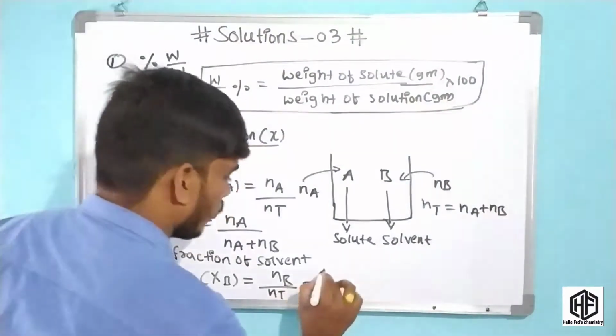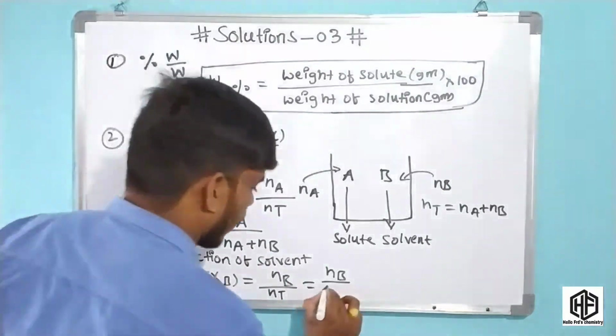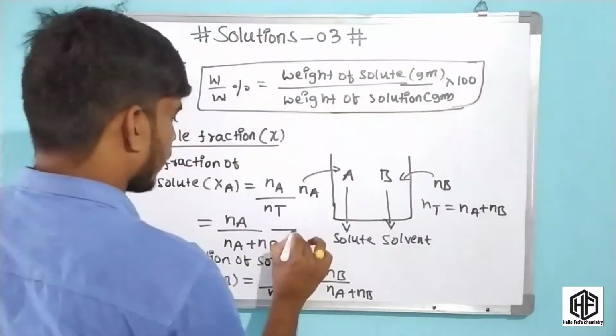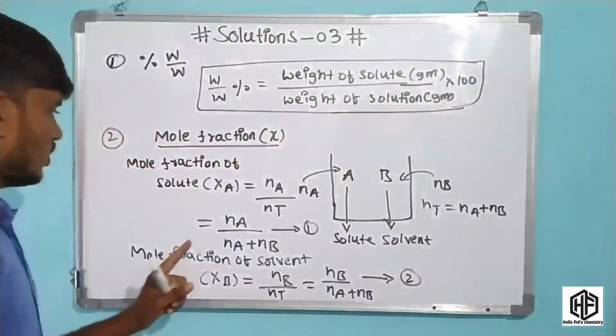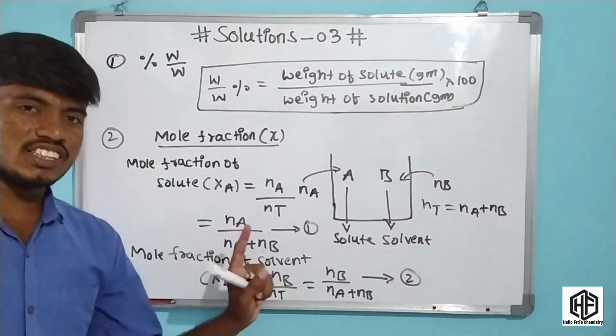The number of moles of solvent is Nb, and the total number of moles is Na plus Nb. This is equation 1 and this is equation 2: the mole fraction of solute and the mole fraction of solvent.